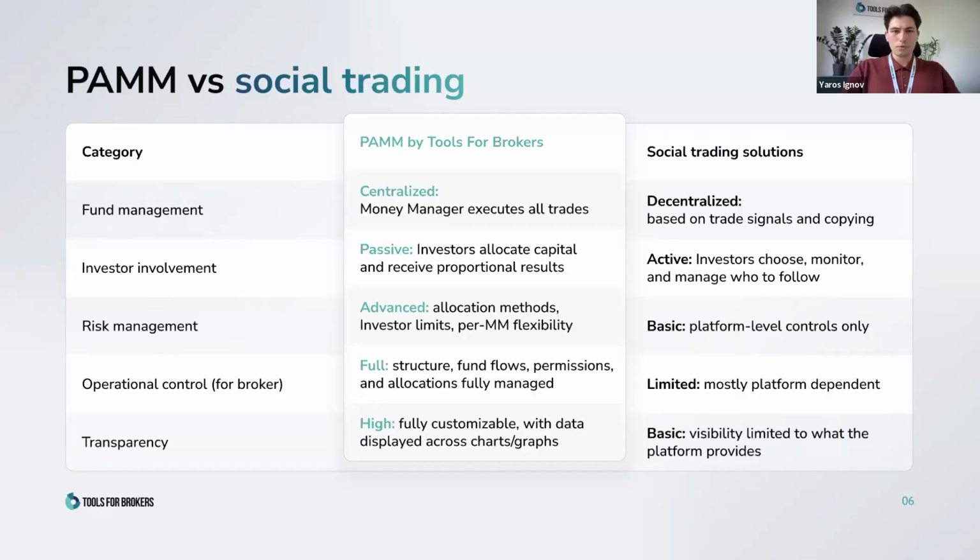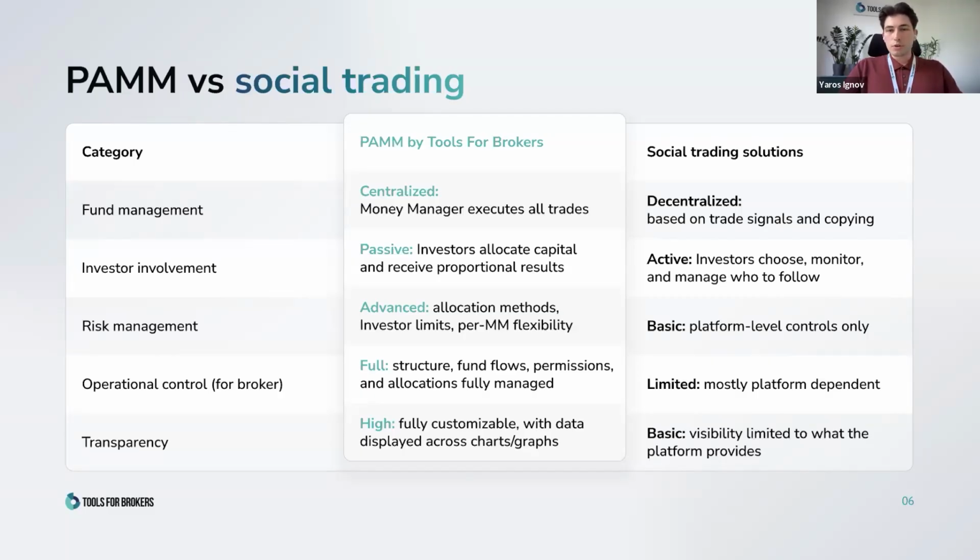It's designed for clients who want to allocate funds to a professional money manager and just watch the results grow over time. On the other hand, social trading is a more flexible, interactive solution for those who want to follow individual trades and gain more personal control as investors.